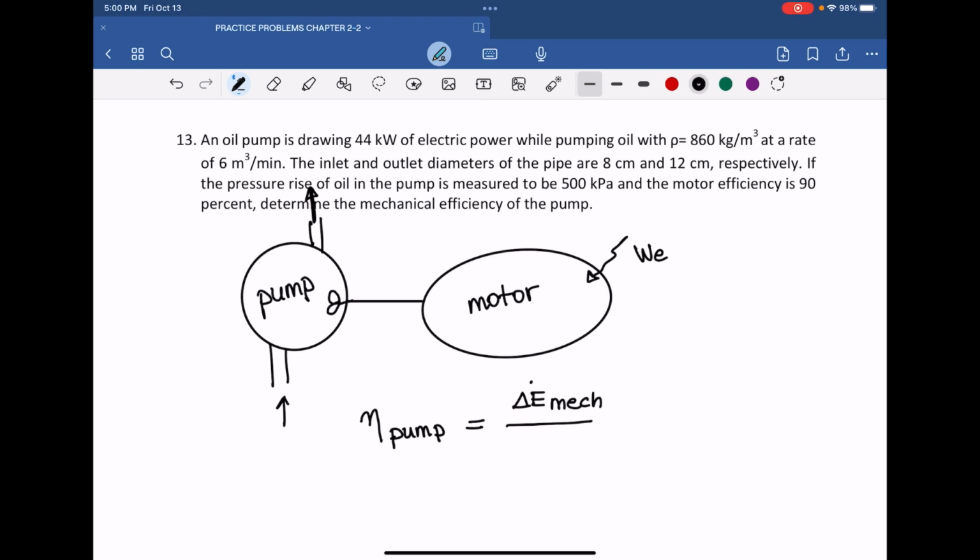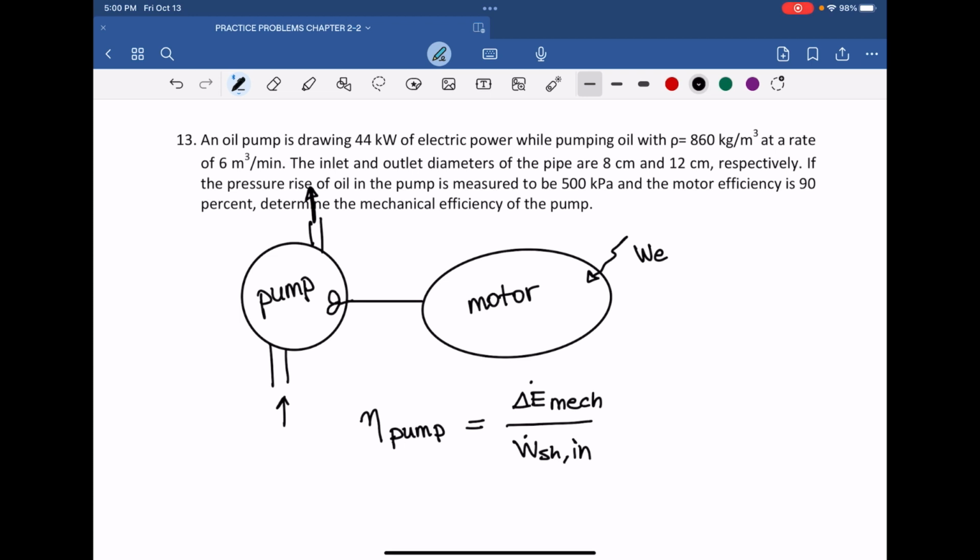The input is the shaft power. Okay, so when we think about how we can calculate the mechanical efficiency of the pump, we need to know the mechanical energy change and the shaft work, or the power, that is getting in. Let's also write the motor efficiency because they give that value to us.